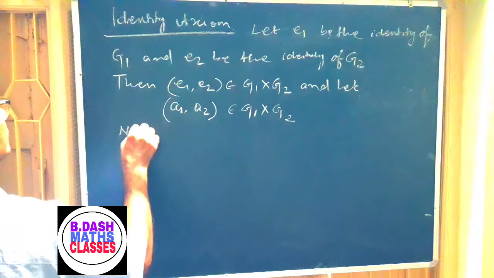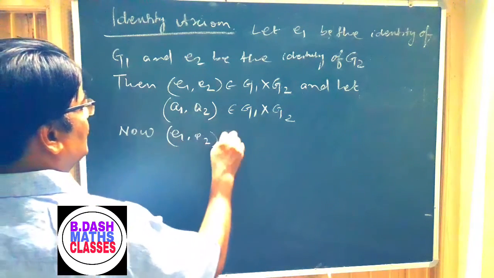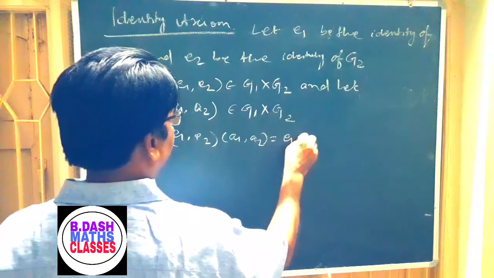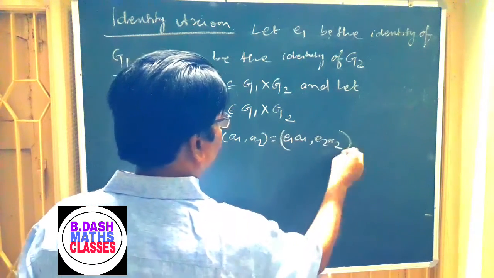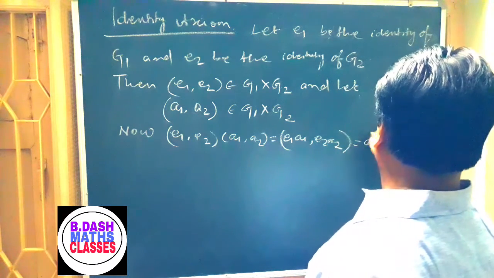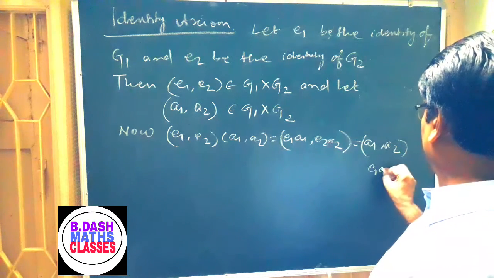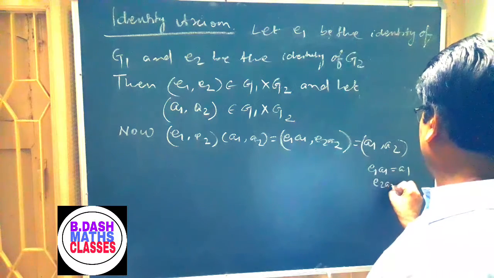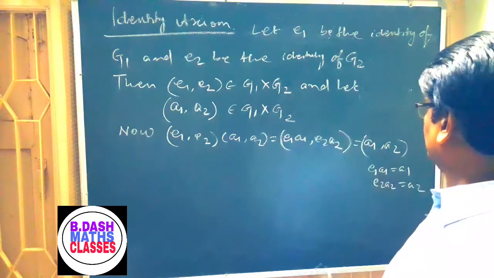Now (e1, e2) multiplied with (a1, a2) is (e1 a1, e2 a2), which is obviously (a1, a2), because here e1 a1 is equal to a1 and e2 a2 is equal to a2.